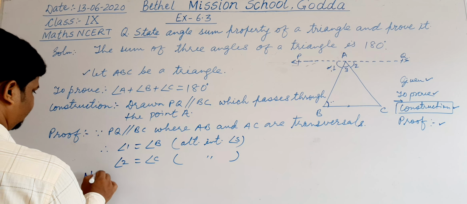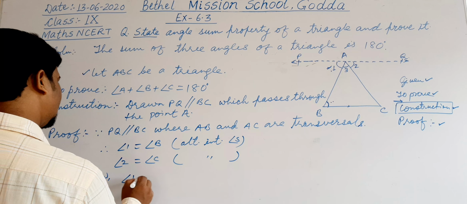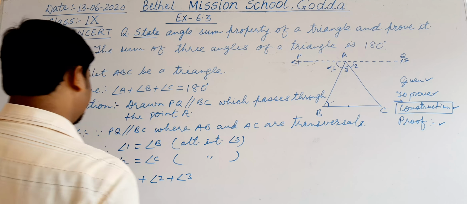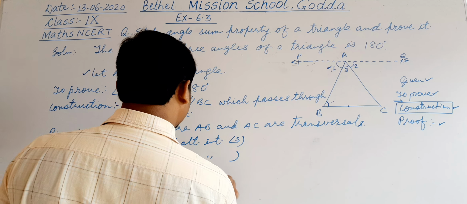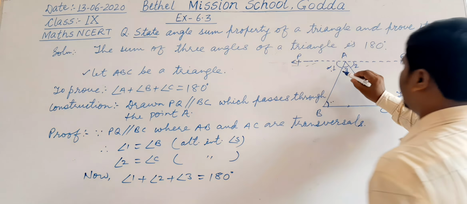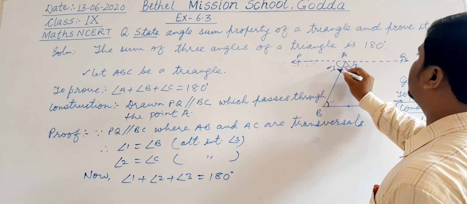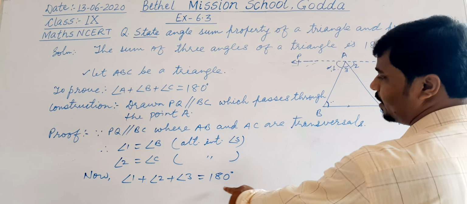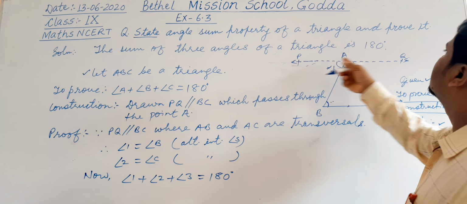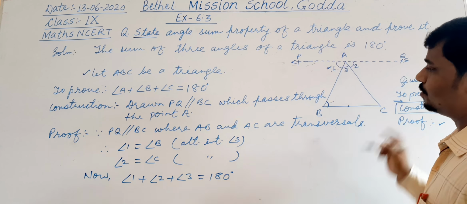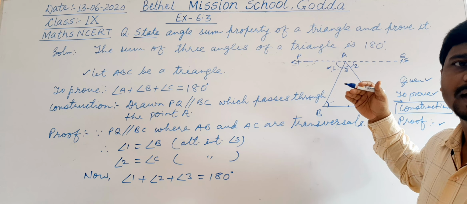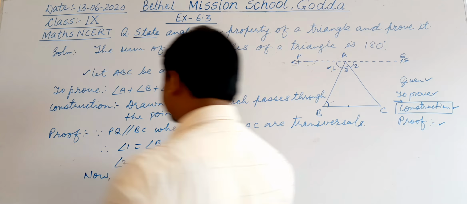Now angle 1 plus angle 2 plus angle 3 equal to 180 degree. Why? Because these all three angles are on the straight line PQ. So on one side of the straight line, how much degree angle is formed? 180 degree.